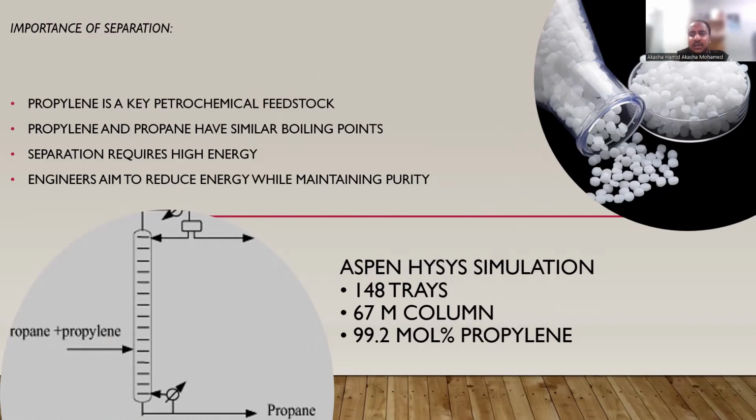This creates a significant pressure drop and increases the reboiler duty, making the process one of the most energy intensive separations in the industry. Therefore, engineers continue to investigate whether tray columns or structured packing provide better performance.